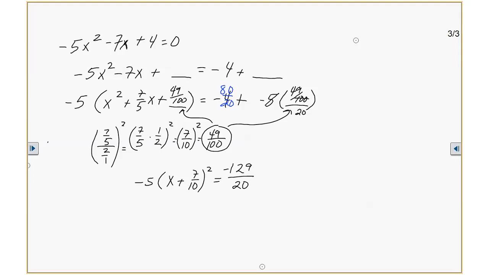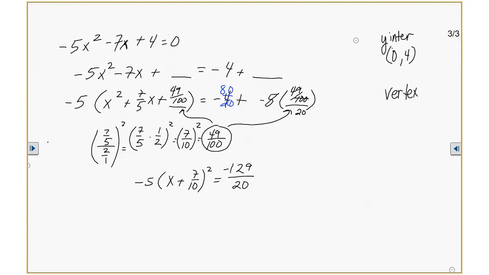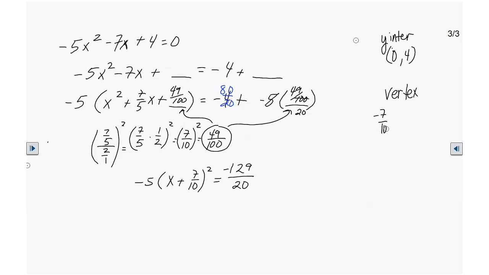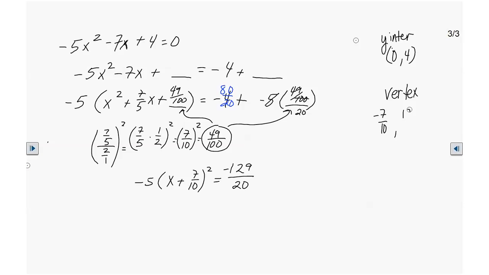So our y-intercept is equal to 0, 4. And our vertex is equal to negative 7/10 and negative 120, or positive 129 over 20.